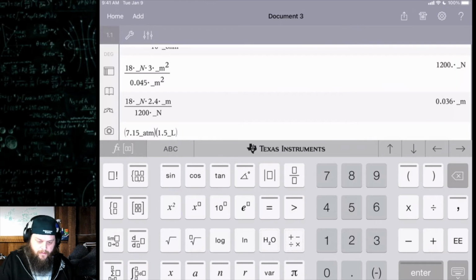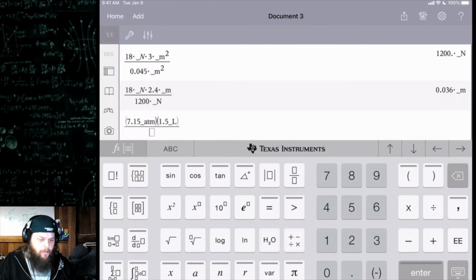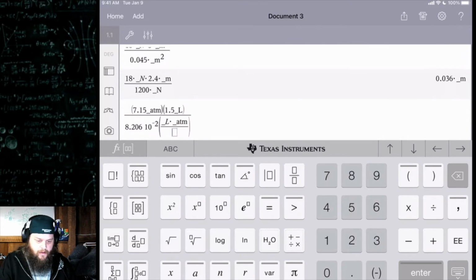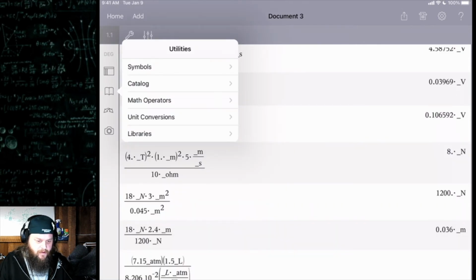We're going to divide that whole thing by 8.206 times 10 to the negative 2. Units on that are liters times atmosphere divided by, let's get the temperature in Kelvin.